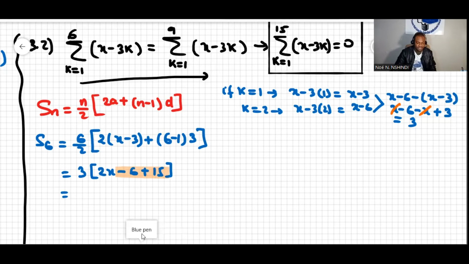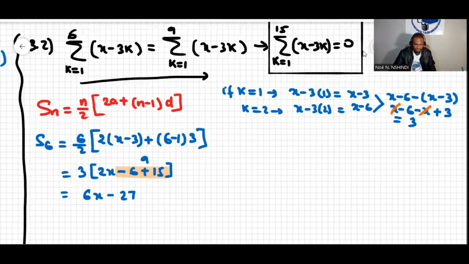So all this makes 9, and then that makes 6x. 3 times 9 is negative 27. Okay, am I right? Okay. Oh, oops, sorry. This is the negative 3. Sorry, minus 6 plus 3 is negative 3. So over here it's a negative 3. So we have like, instead of plus x here, it's not plus x.